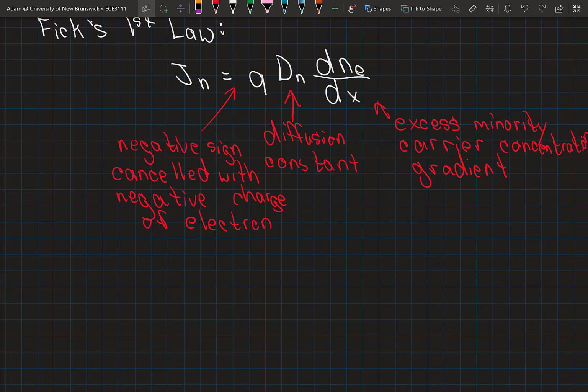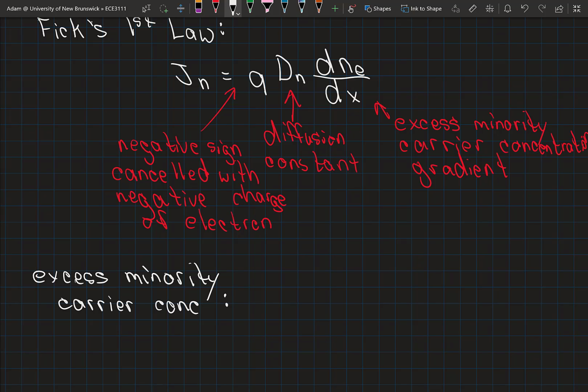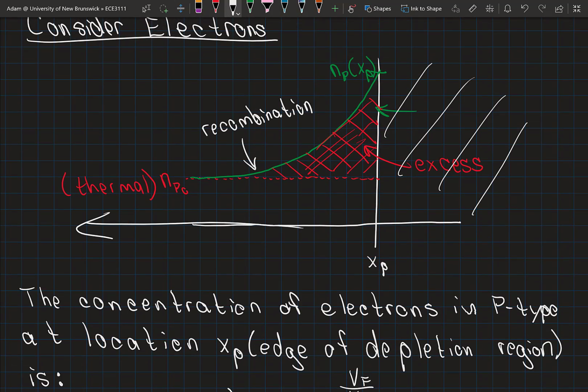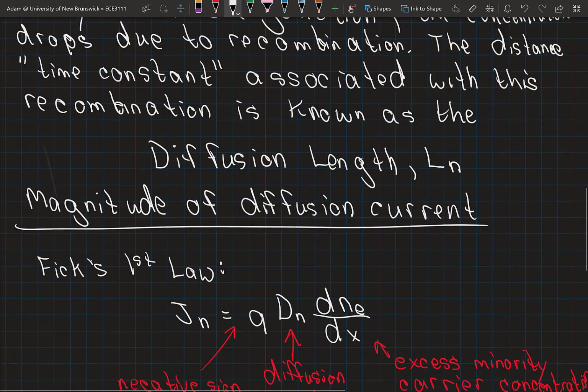Okay, so we can describe the excess minority carrier concentration as a function of x here. We're assuming this being our x-axis here.